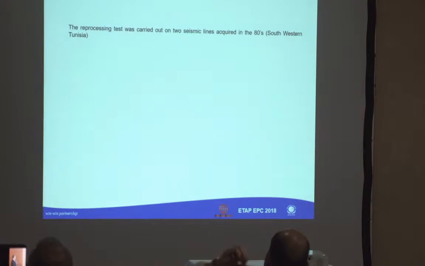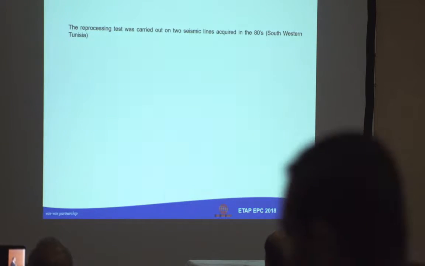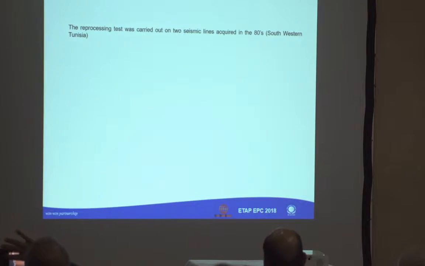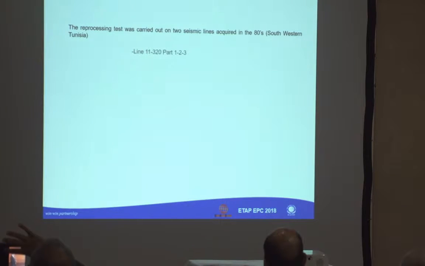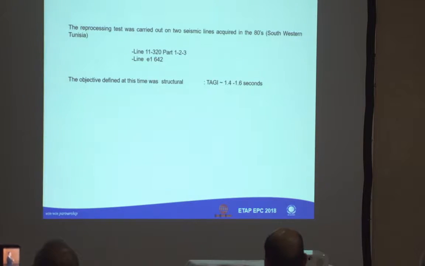The processing test was carried out on 2 seismic lines acquired in the 80s. They are very old lines, maybe 30 years ago, maybe more. The first line was the 1130, parts 1, 2, 3, and the second was the 642. The objective at that time, in the 80s, was the TAGI located between 1.4 and 1.6 seconds.